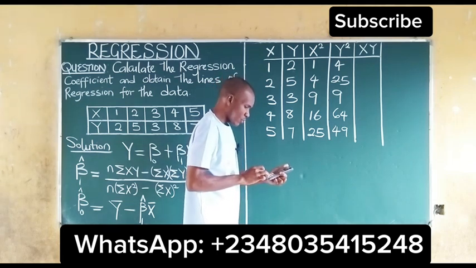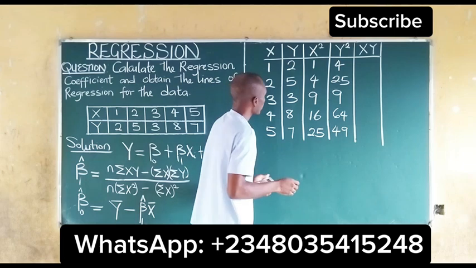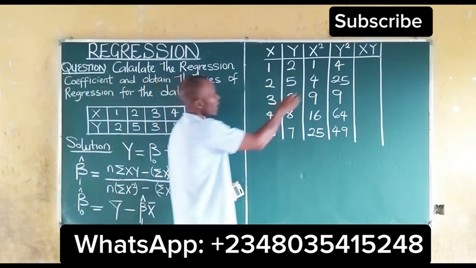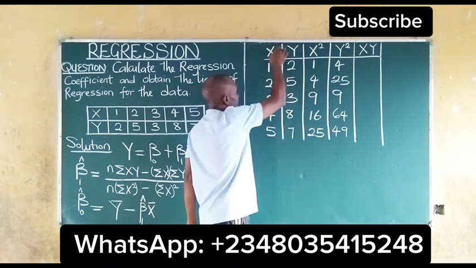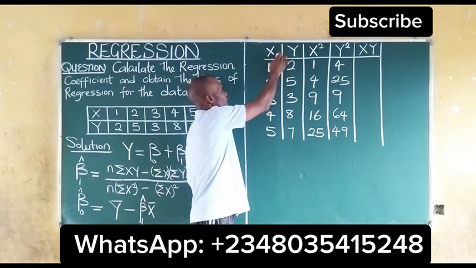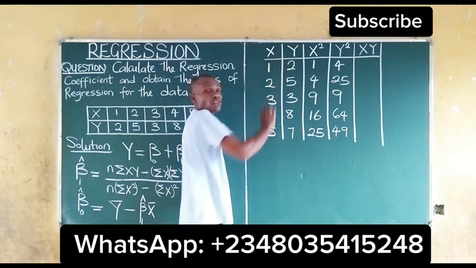So you must make sure your calculations are okay and accurate, so that it will be easier to compute our b1. So we have xy. xy means the values of x multiplied by the values of y.